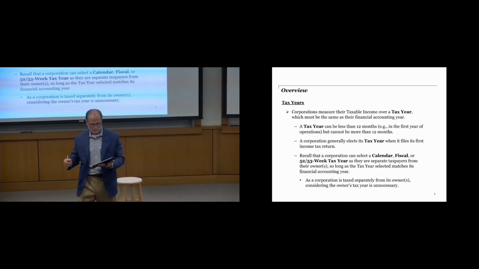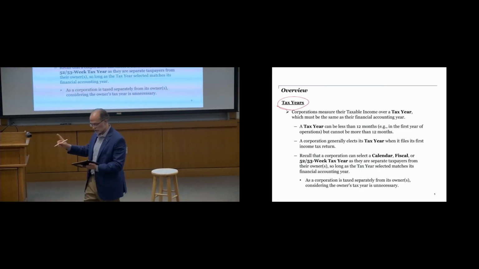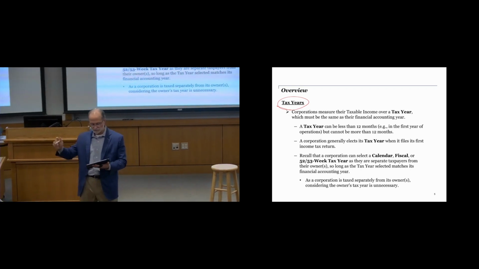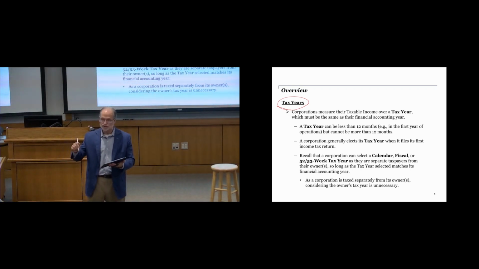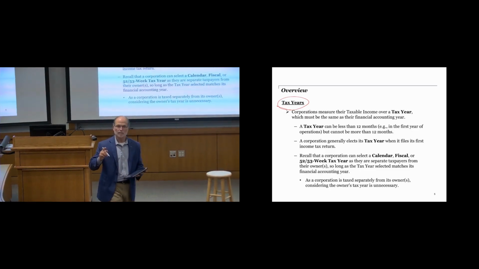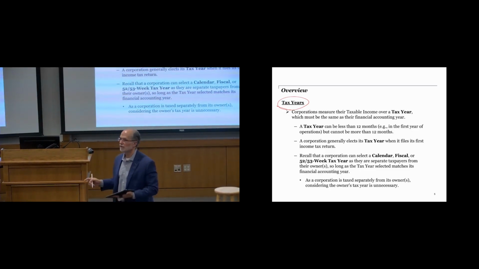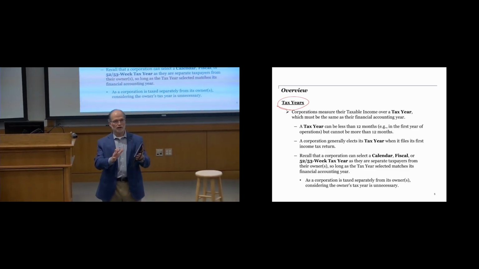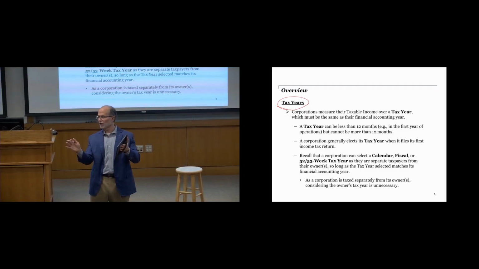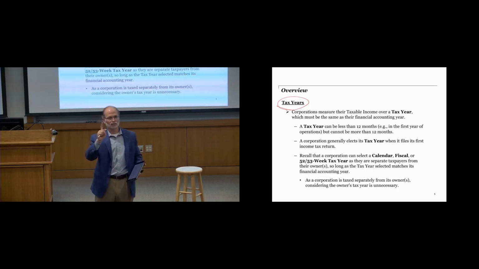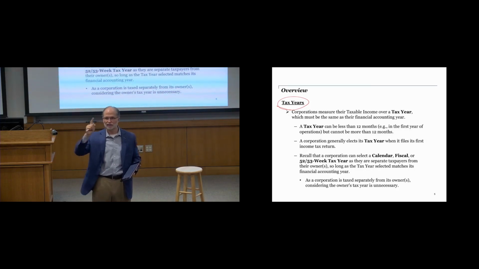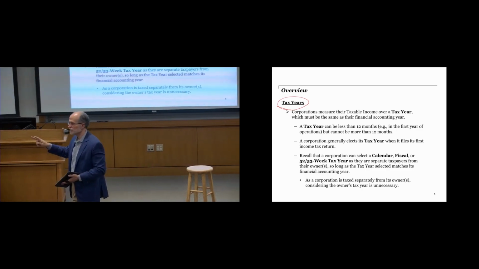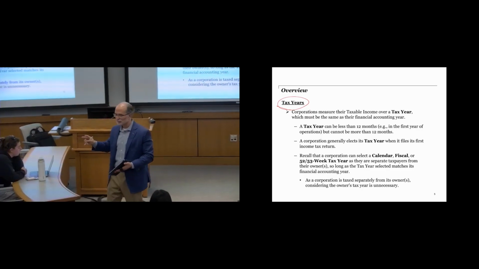Okay. So first we've got tax years. As you know, corporations measure their taxable income over a tax year, which must be the same as their financial accounting year. Again, we want that jumping-off point to be static, so we need the same tax years. If we have different tax years, then you're driving your tax people crazy and your accounting people crazy, because people will be very frustrated by this mismatch.